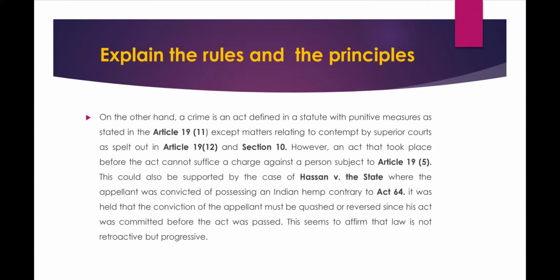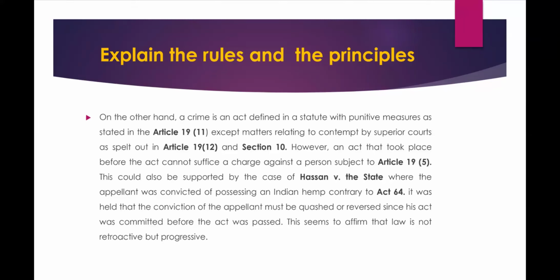Okay. Explain the rules and the principles. On the other hand, a crime is an act defined in a statute with punitive measures as stated in Article 19, subsection 11, except matters relating to contempt by superior court, as spelled out in Article 19, subsection 12 and section 10. However, an act that took place before the act cannot suffice a charge against a person, subject to Article 19, subsection 5.